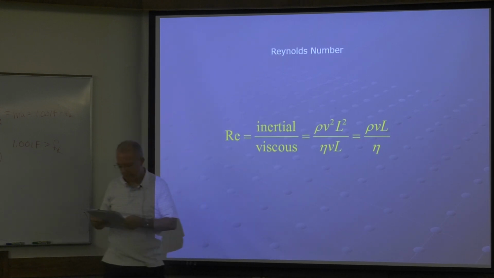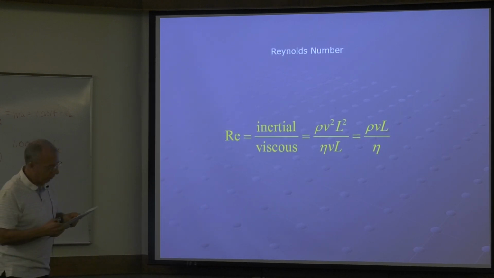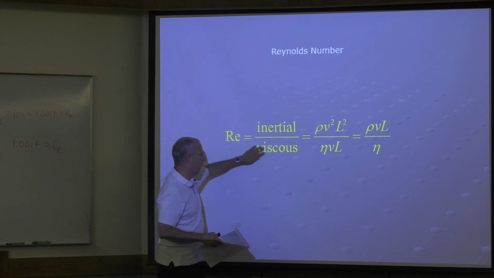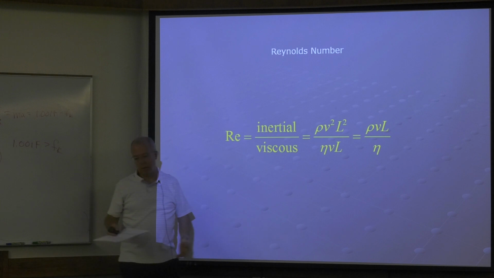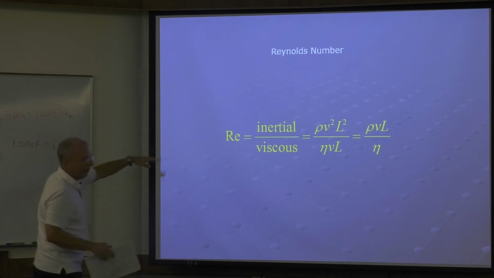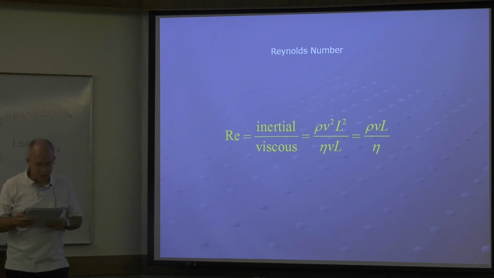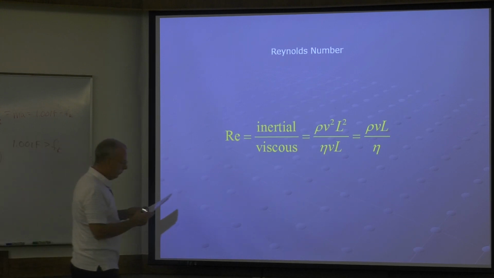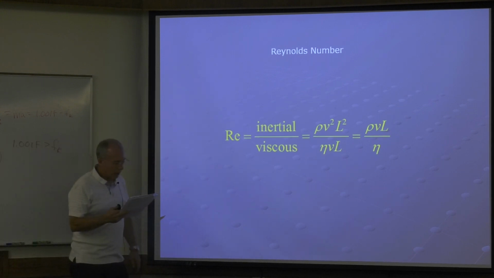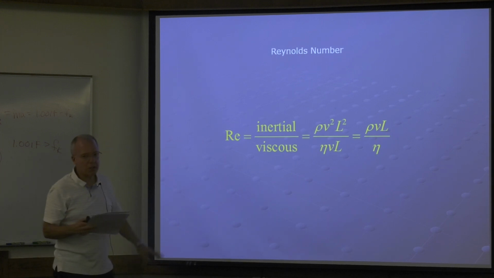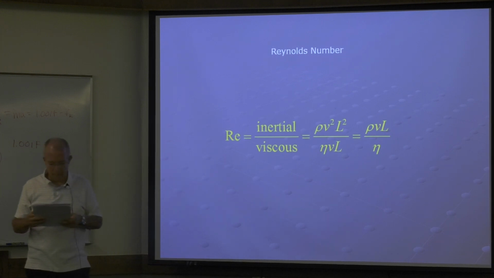If you have a really small Reynolds number, like less than 1, it means that the viscous drag is more important than the inertial drag. And then there's everything in between. I'm not going to write the equations, but you should look at them in the book. They have equations for high Reynolds number, for low Reynolds number, and so on.